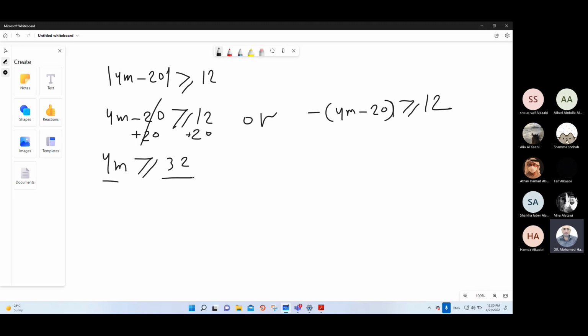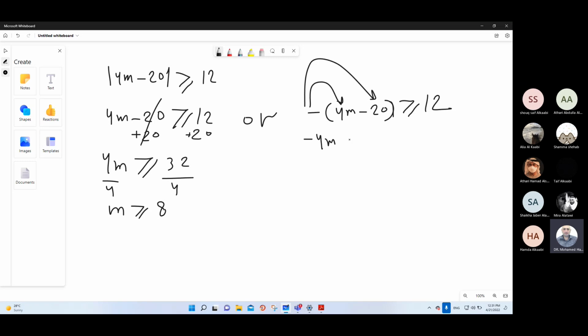Then divide the two sides by 4. 4m divided by 4 will be m, greater than or equal 32 divided by 4 will be 8. The second inequality, distribute minus 1 inside the parentheses. Minus times 4m will be minus 4m.